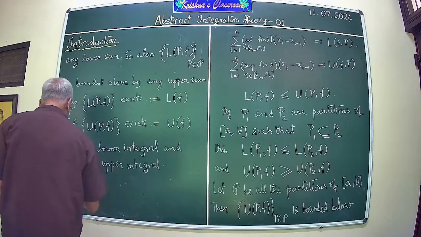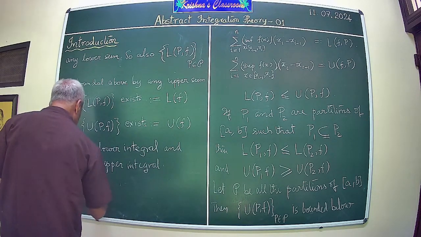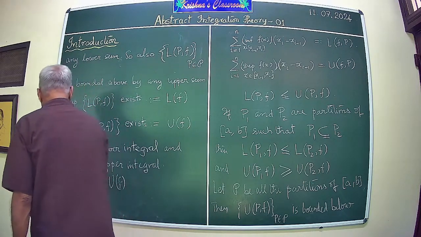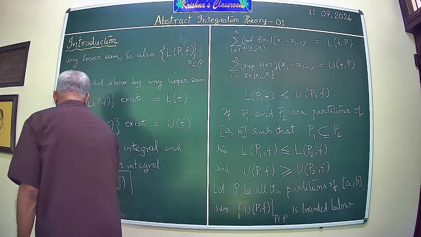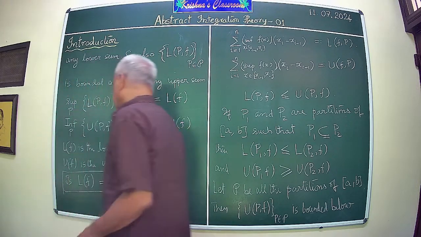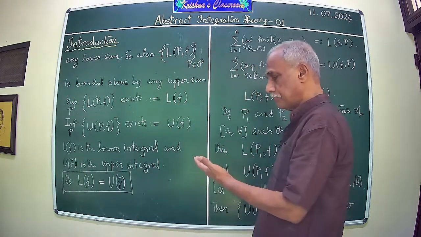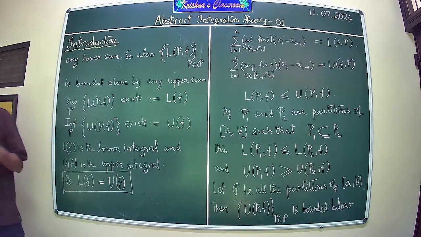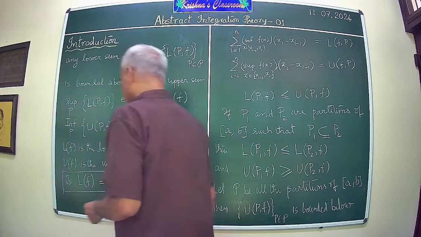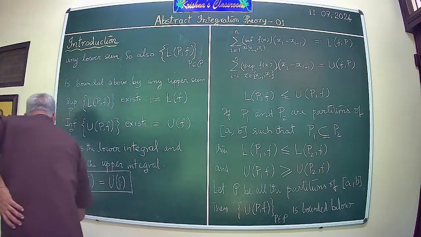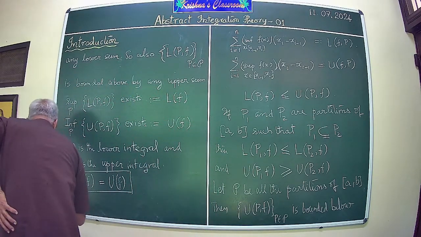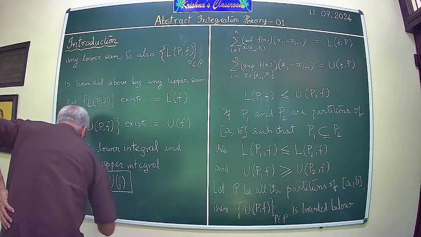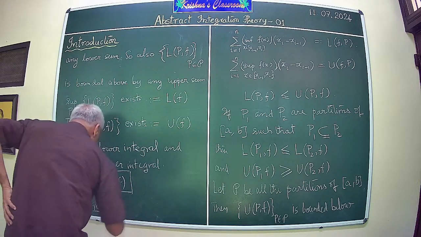The question that we are asking is whether LF is equal to UF. This is not universally true, even for bounded functions on the interval [a, b]. This is not true generally.